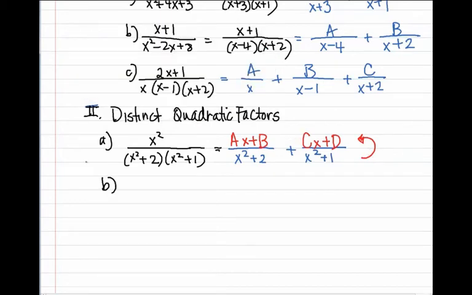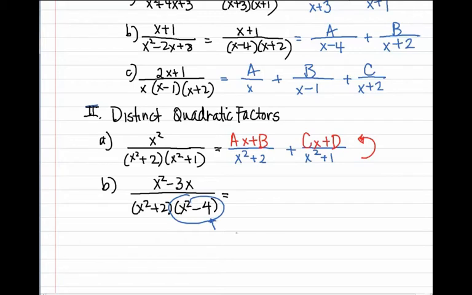Now, I want to show you another one. What if I had x squared minus 3x on top, and on the bottom we had x squared plus 2 times x squared minus 4. Do I again have just two fractions when I decompose? I actually don't, because this right here, x squared minus 4, can be further factored to x minus 2 and x plus 2.